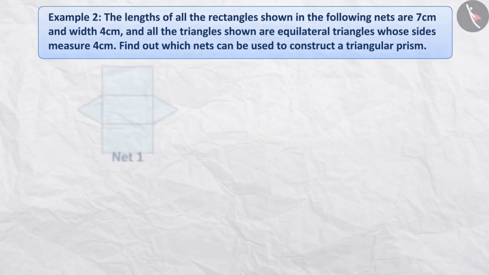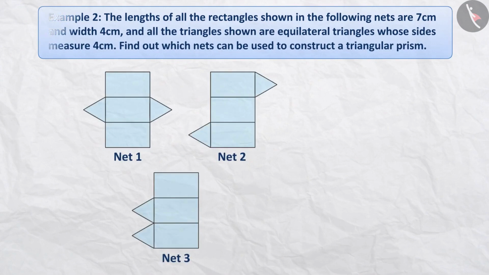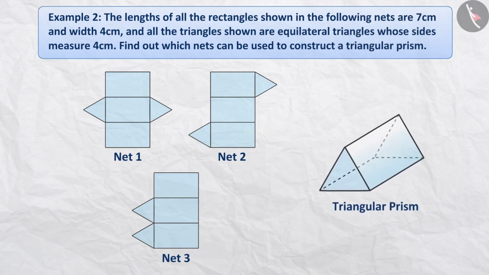Example 2. The lengths of all the rectangles shown in the following nets are 7 cm and width 4 cm, and all the triangles shown are equilateral triangles whose sides measure 4 cm. Find out which nets can be used to construct a triangular prism.